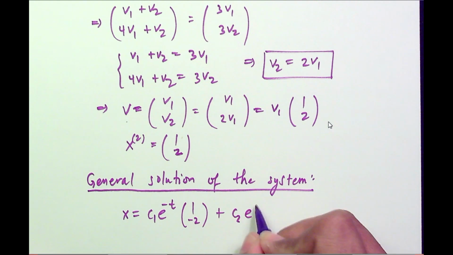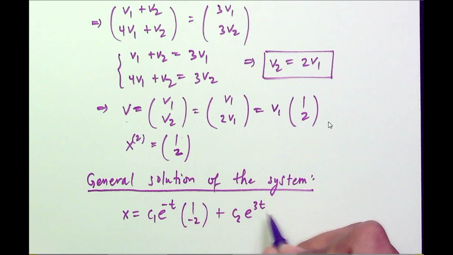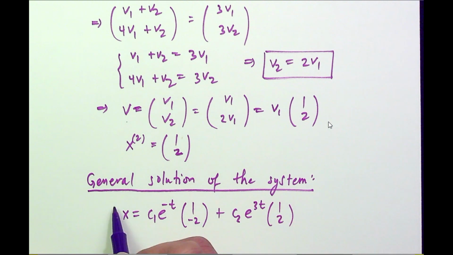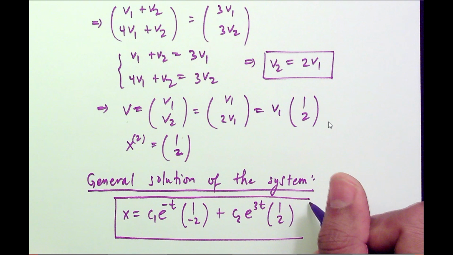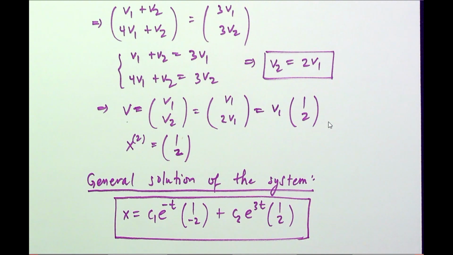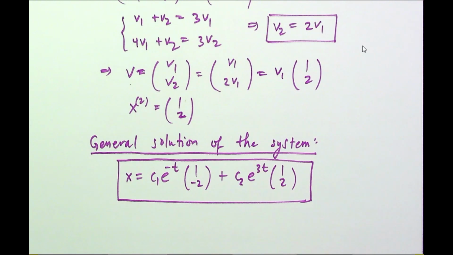Lambda 2 is 3, so e to the 3t, and then the corresponding eigenvector, which is 1, 2, and that is it. Remember you could always simplify this and write it all as a single vector, and then the top would be x1, the bottom is x2. That would be the two functions that satisfy the system.